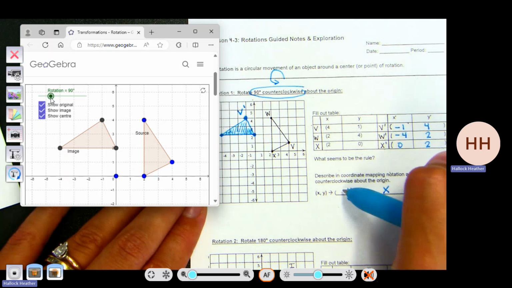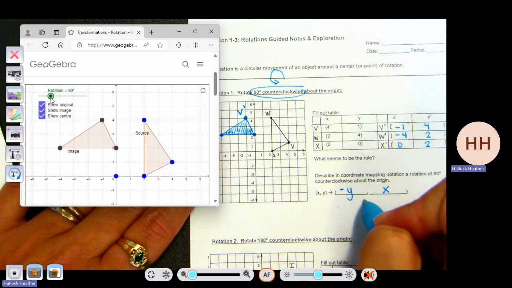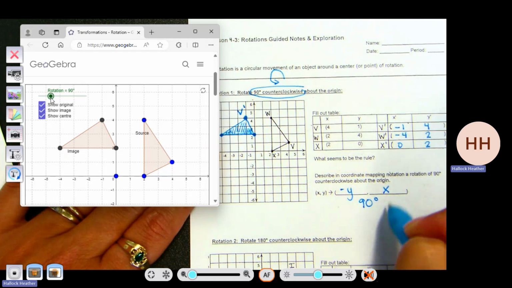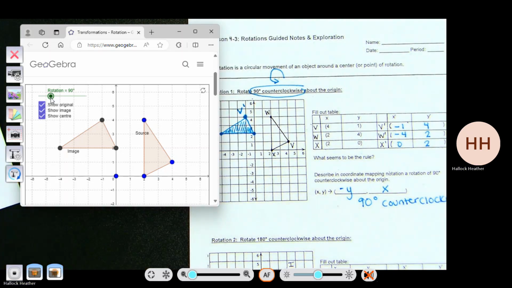So I'm going to put the negative in the front with the Y. So our rule for 90 degrees counterclockwise, which means moving 1 quadrant to the left, is (-Y, X). This rule also, if you wanted to go clockwise, normally you don't go clockwise, but it would have to say specifically that you're moving clockwise.